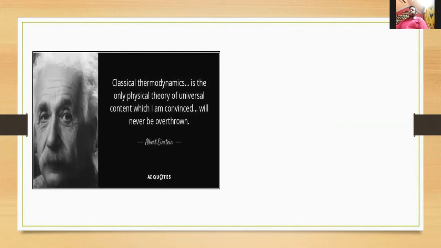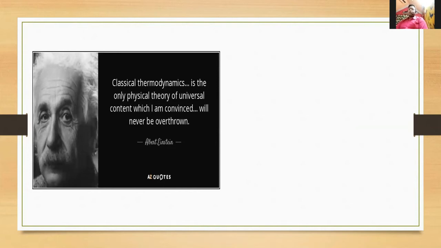I would like to start with the famous quote of Albert Einstein: "Classical thermodynamics is the only physical theory of universal content which I am convinced will never be overthrown."